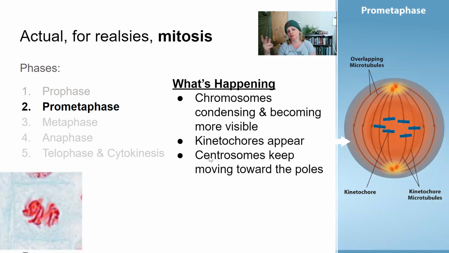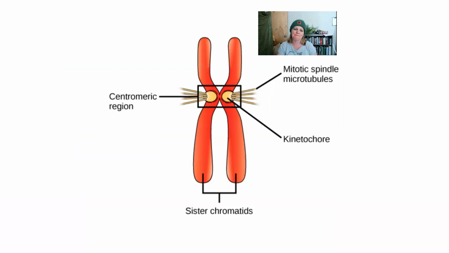But anyway, it's a bunch of proteins that help move stuff around. The centromeres are going to keep moving toward the poles. So basically prometaphase is basically more prophase. It's just getting more extreme. So if you're going to forget any of these phases, forget prometaphase because it's kind of like somewhere in between prophase and metaphase. All right.